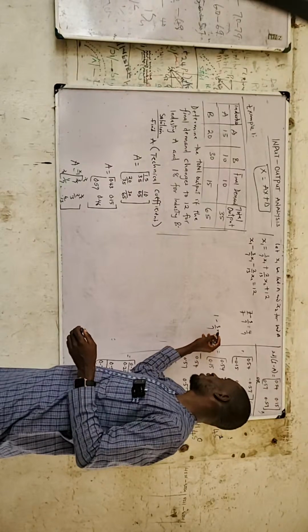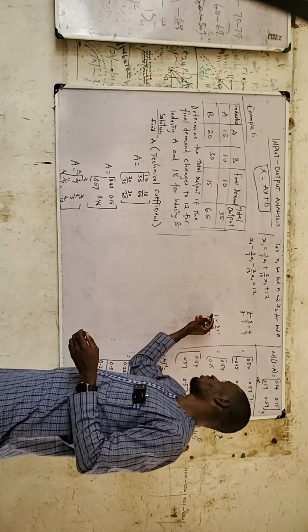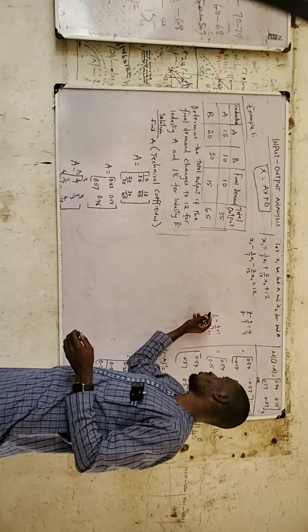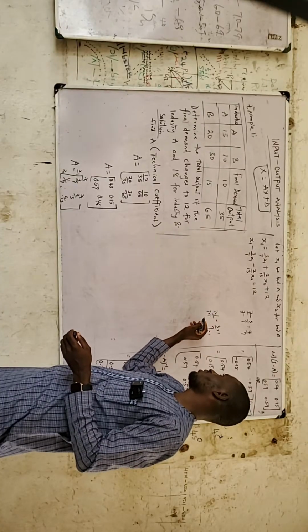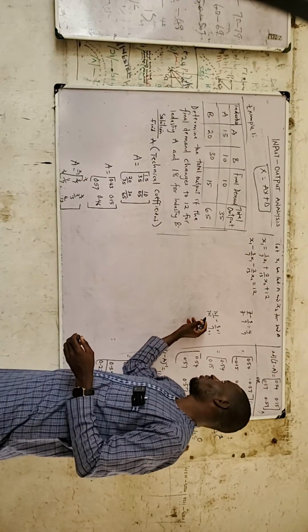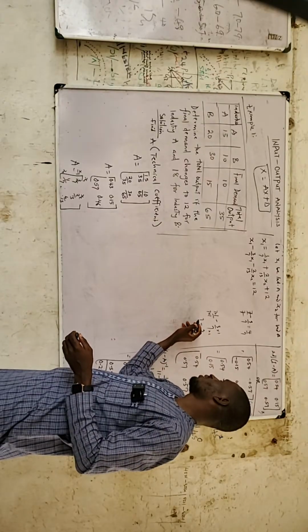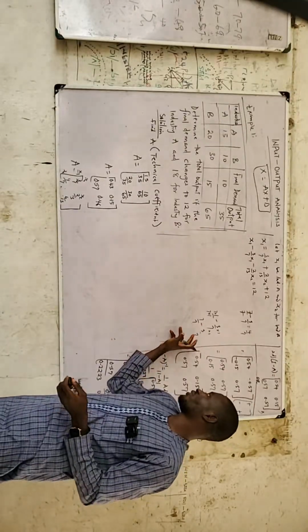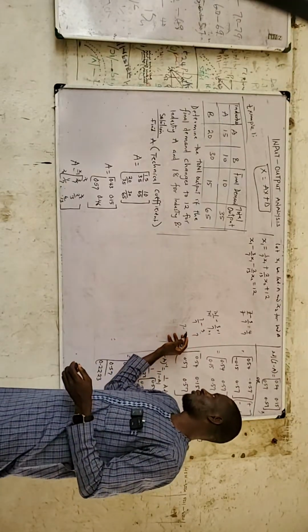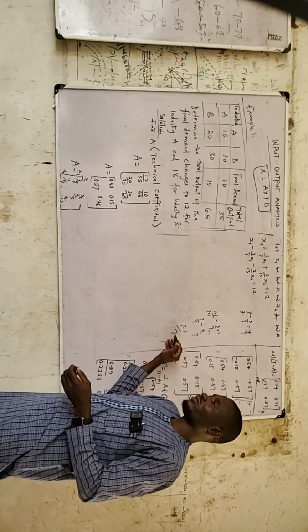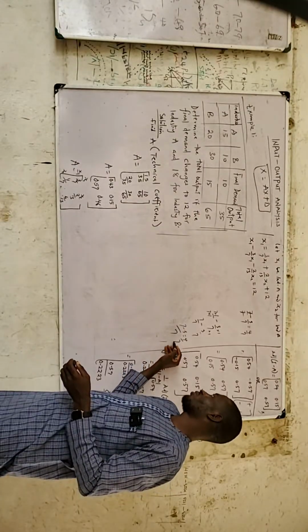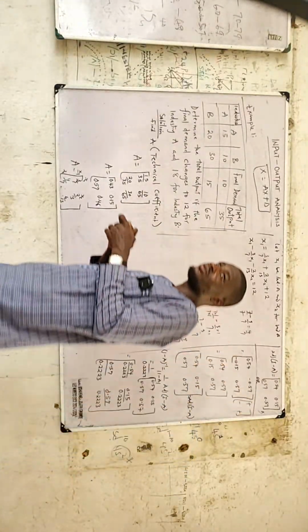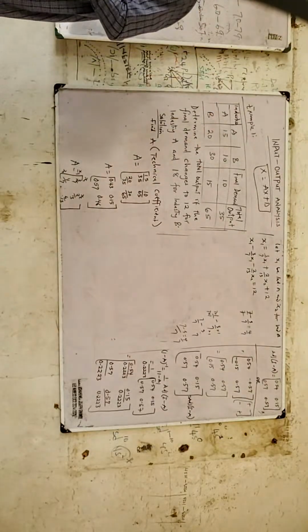You multiply here by 7, here by 7, so that the denominators are equal. Here you have 7 minus 3 up, 7 down. This will give us 4. You can use a calculator too, then change it to a fraction.